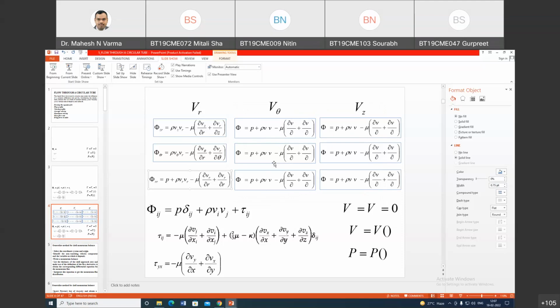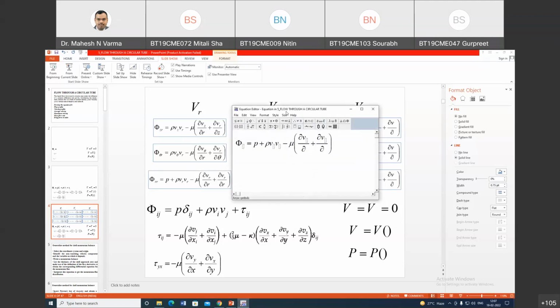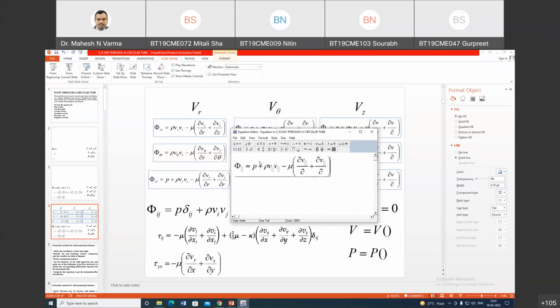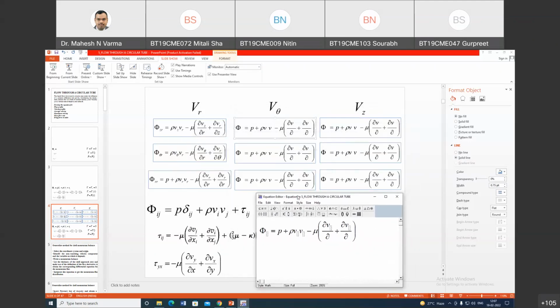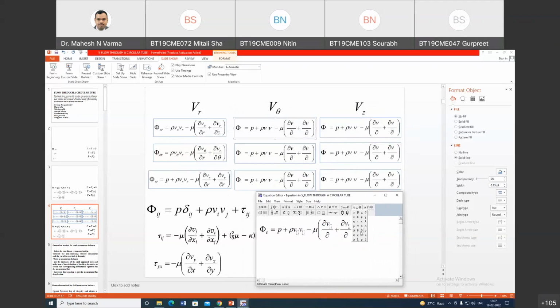Can you tell me, you start with this suffix. Sir, it will be r theta. p will be 0, non-zero?